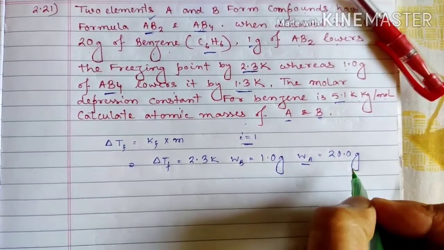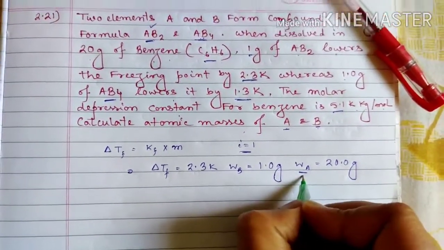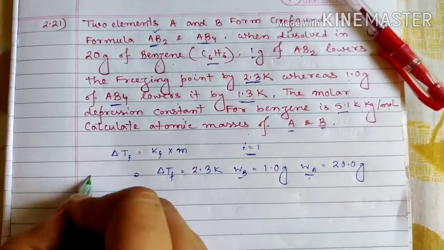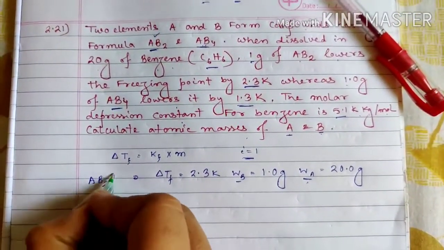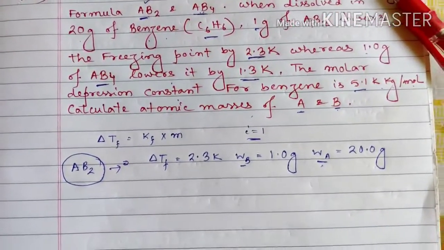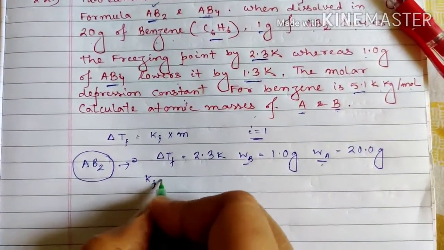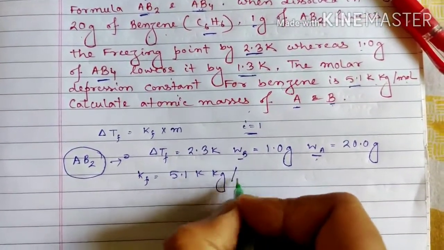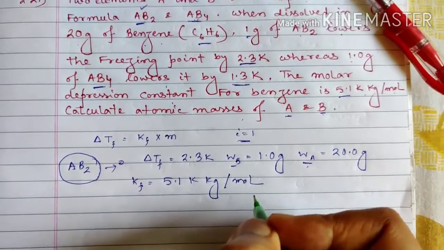WA is the amount of solvent which is benzene, and WB is the amount of solute, in this case the compound AB2. And Kf is also given, which is 5.1 Kelvin kg per mole.